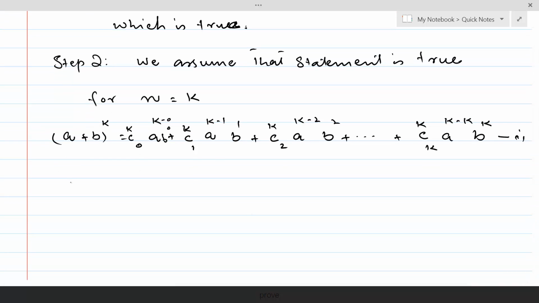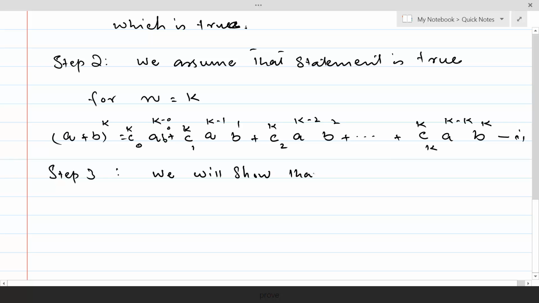Now, step 3, we will show that the statement is true for n is equal to k plus 1.